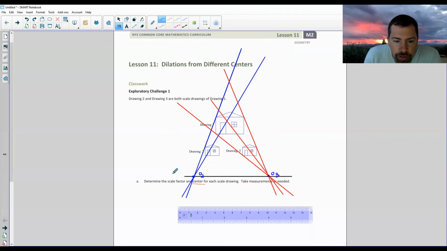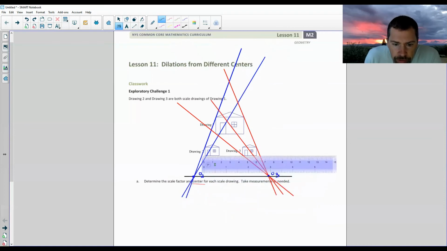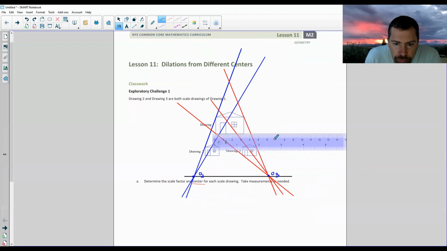So it says determine the scale factor and center for each scale drawing. So there's one center, there's the other. Well, what is the scale factor? Well, if we measure the base of this house, it is 1.6, and this is 3.2.